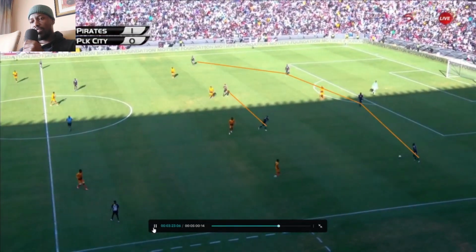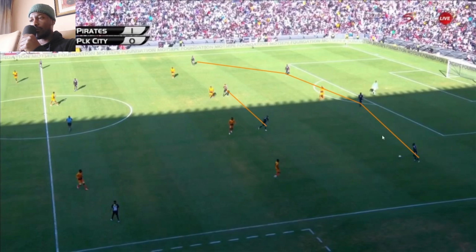Okay, now this one is one of the ones I like. I like this shape, because now it's a build-up, but it's in a deeper zone, and in a deeper zone the structure changes to a 4-2 instead of a 3-2.